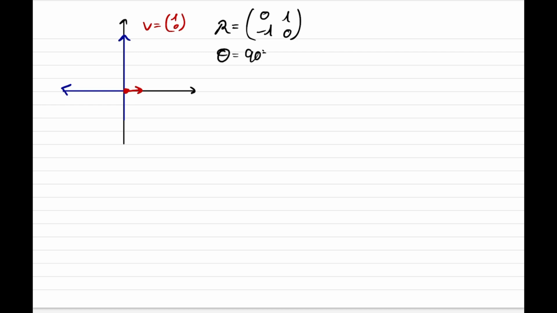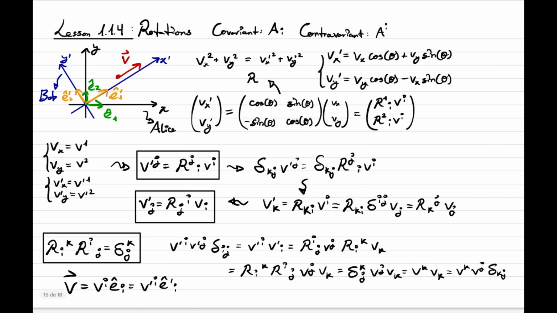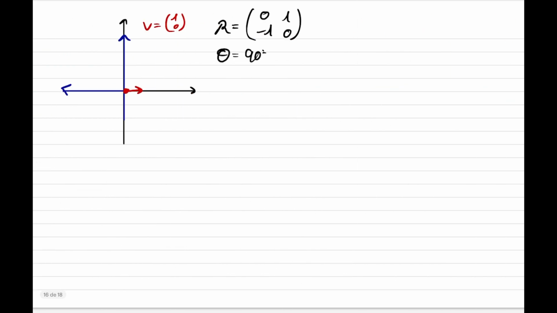We are going to do a little example, because all of this is very beautiful, but an example is always good to see how everything works. So our vector in Alice's basis, of course, is going to be 1, 0.